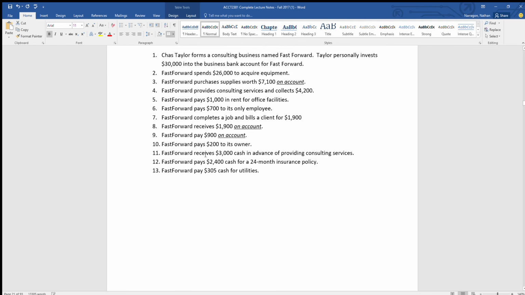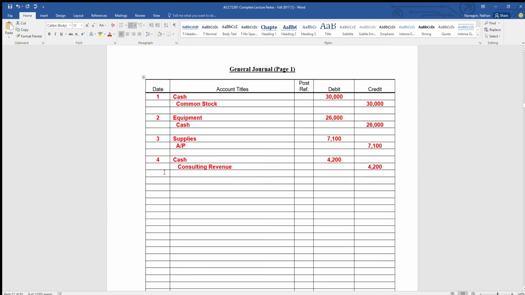Okay. Next one, we paid $1,000 in rent. So again, we paid rent. So paying rent, we definitely know cash is going out. So cash is our credit account. So that means we're paying rent. Rent expense will be the next account.